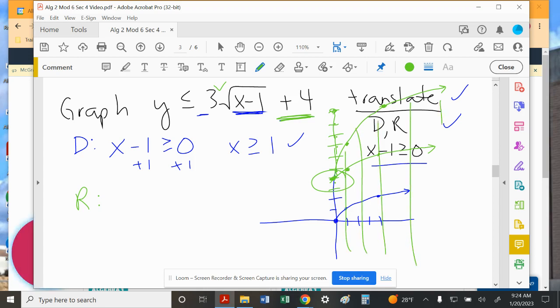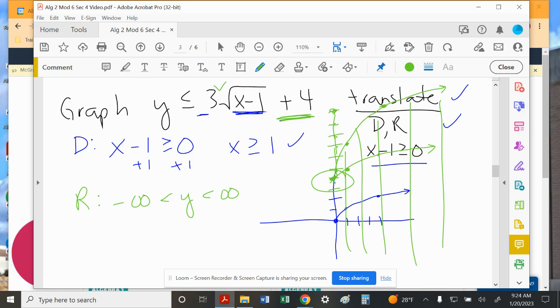What does that mean? Because it is less than or equal to, my y values run from negative infinity all the way up to positive infinity. And on my x values, x is greater than or equal to 1.